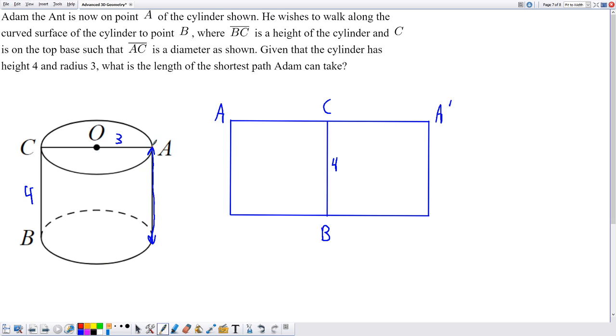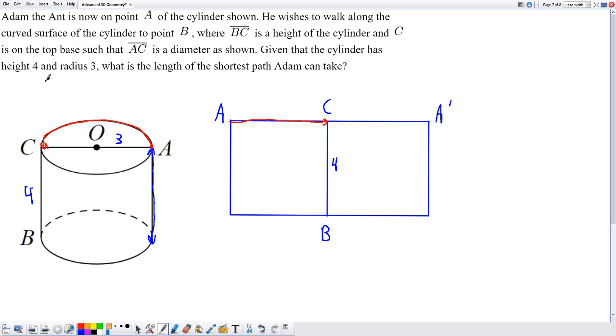The AC actually represents the path from A along the circumference of the circle until it reaches C. So that is what this length here is. It is not the diameter of the cylinder. So how can we find out what the length of that actually is? Well, it's half the circumference since CA is the diameter. So what would the circumference of this circle be?